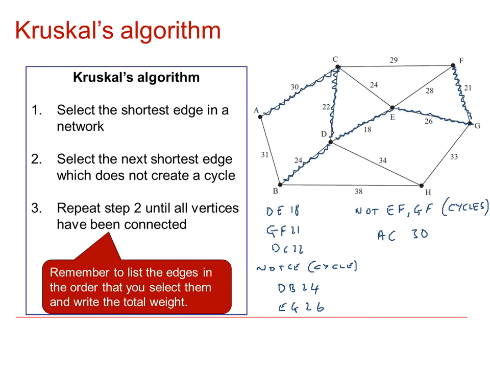And then 31, AB, but we can't use that because it produces a cycle, so we'll say not AB. And then finally GH, length 33, completes the tree, so GH, 33, and that's our complete tree.